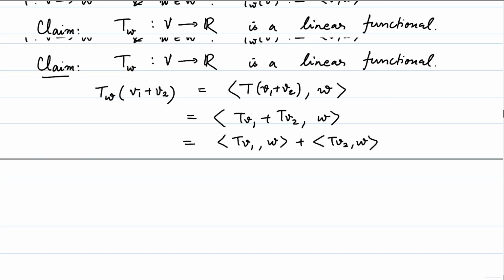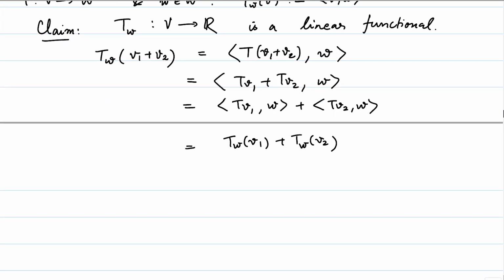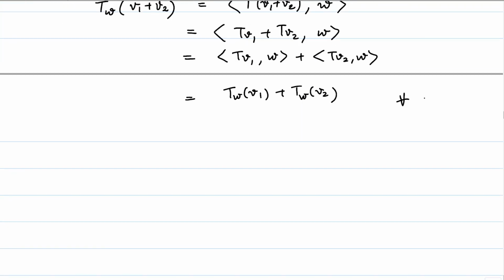But that is by definition the first term T_w of v1 and the second term T_w of v2, establishing that T_w is indeed additive. So the first property is checked. This is for all v1 and v2 in capital V.